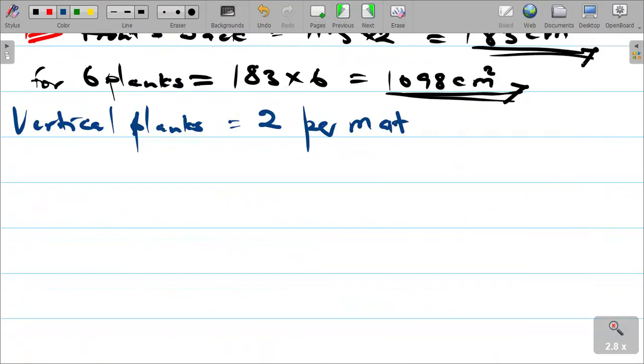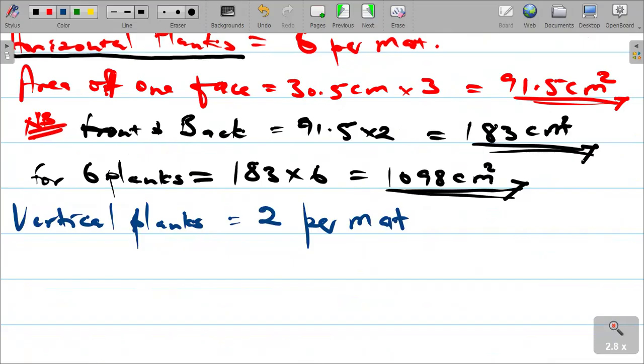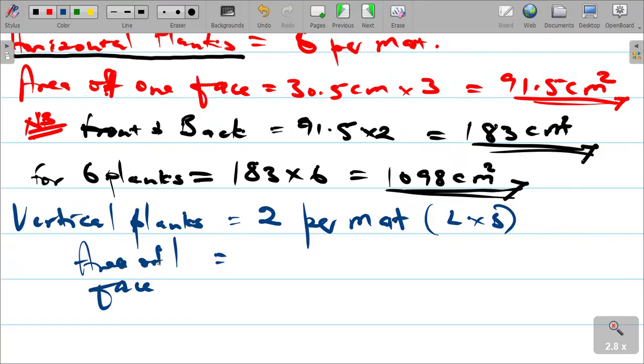So the area of one face is going to be given by length times breadth, or width.